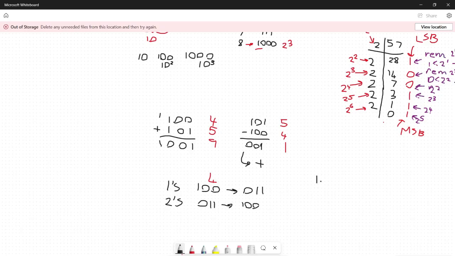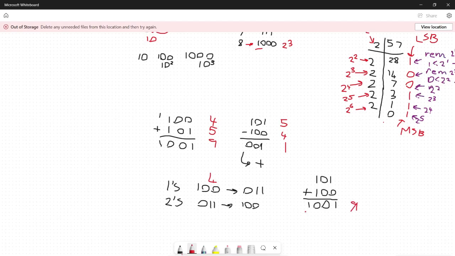But now, when we take the complement, we're going to say 101 plus 100. Now, we've seen the calculation. This gives us this. You might say, oh, that's 9.